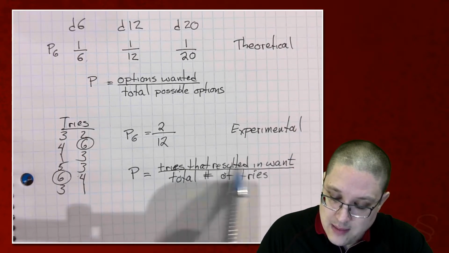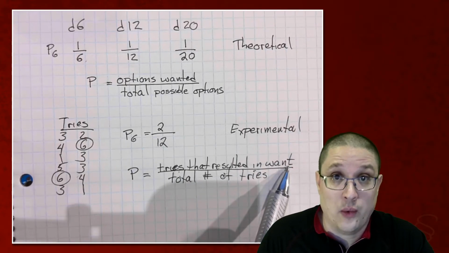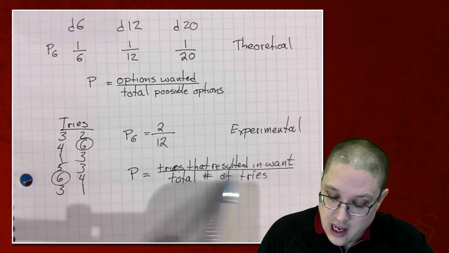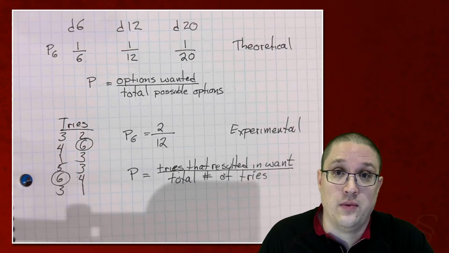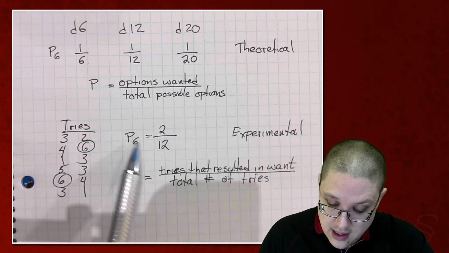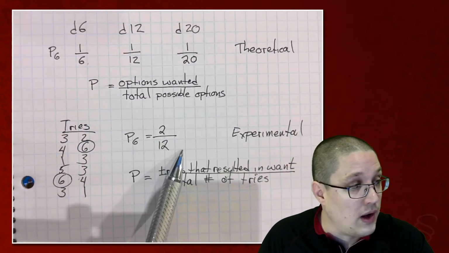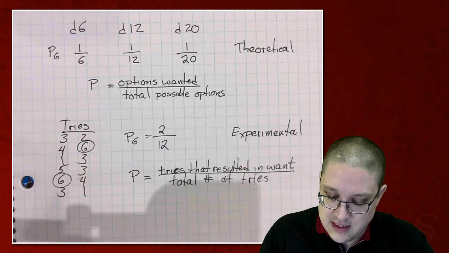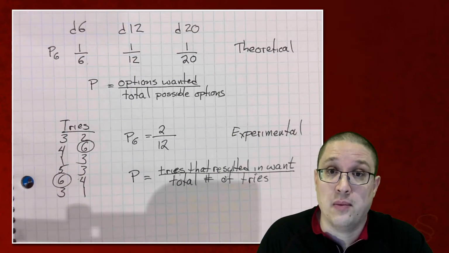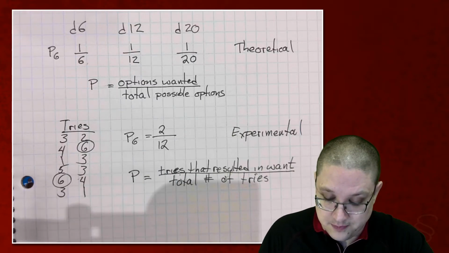So how many times did we get what we wanted or what we're looking for, divided by how many times did we try in total. Interestingly, this here, 2 out of 12, is the same as 1 out of 6. So my experimental probability and my theoretical probability are the same in this case.